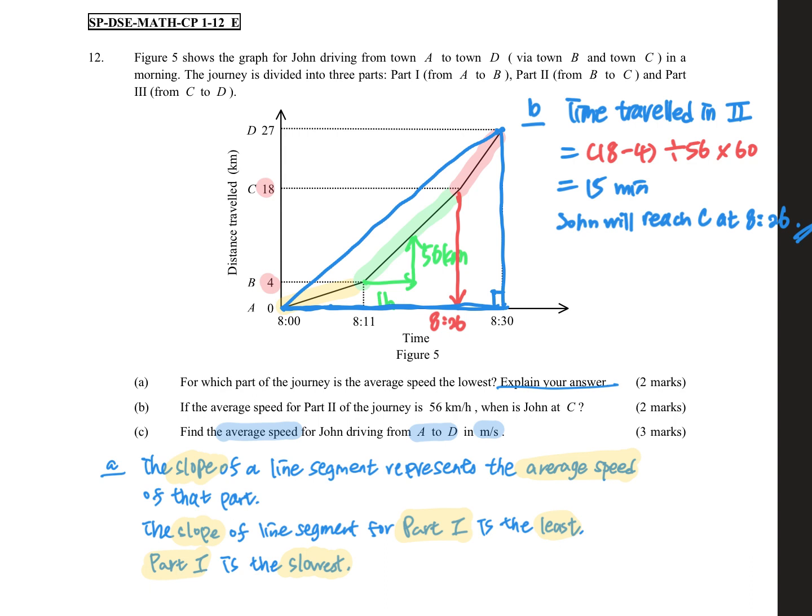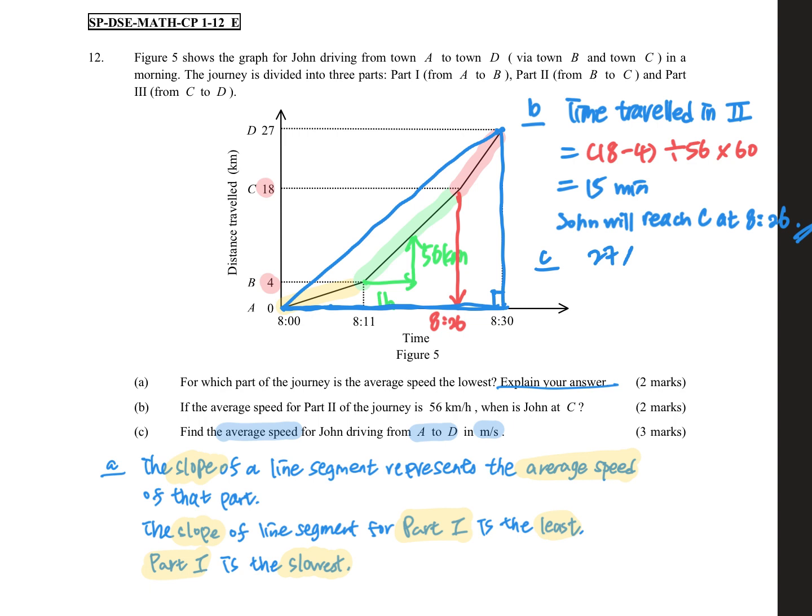So that's why part C is easy. In meters per second, so 27 km times 1000 to get meters. And then divide by seconds: 8 o'clock to 8:30, so 30 minutes, and for each minute, 60 seconds.